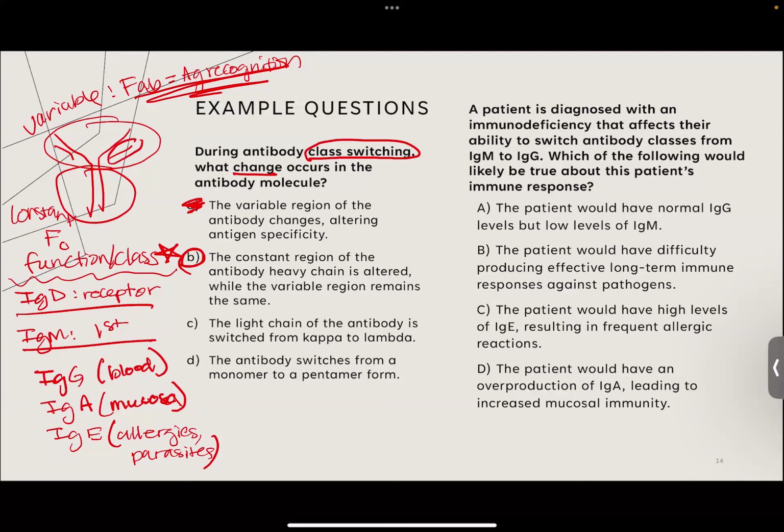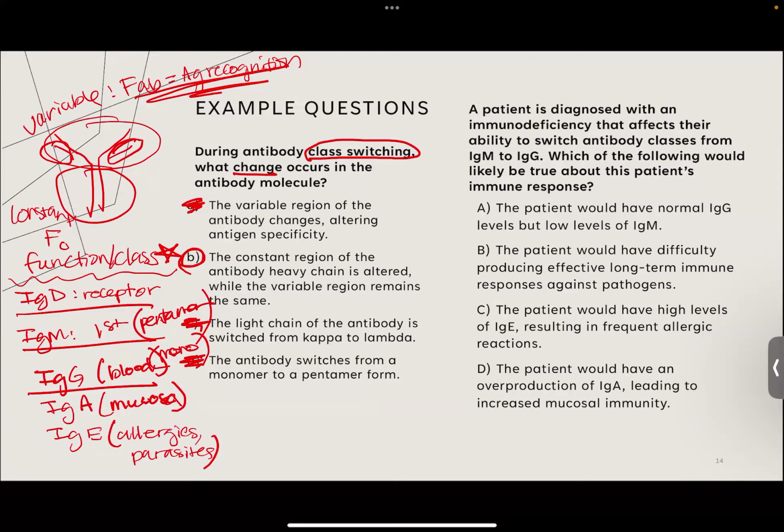No, we don't need to change the light chain, which are these little pieces out here. We are changing the constant region. The light chain is part of the variable. Or will we be changing from a monomer to a pentamer? Actually, we'll be probably changing from the pentamer, the IgM, probably to the IgG, which is a monomer. So B is our answer for this question.